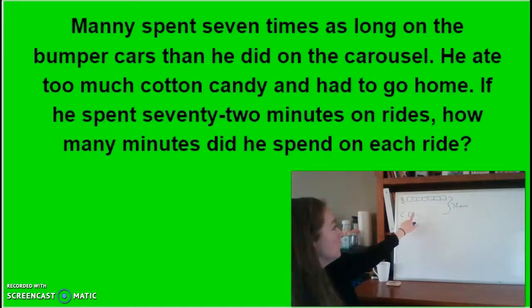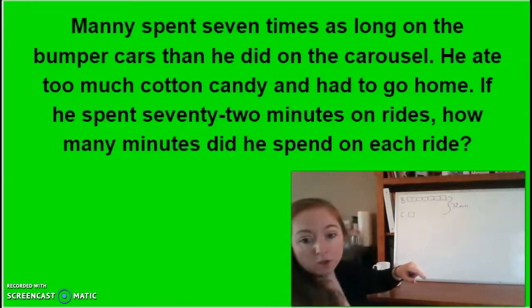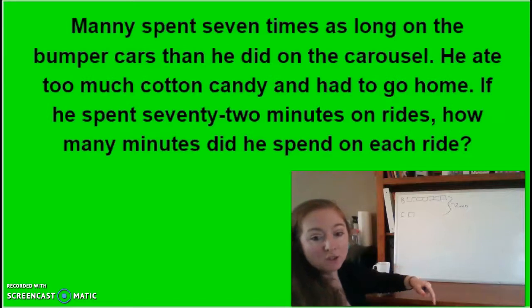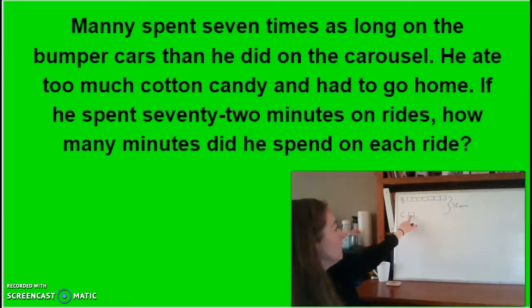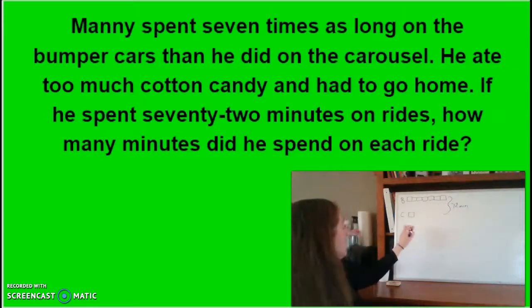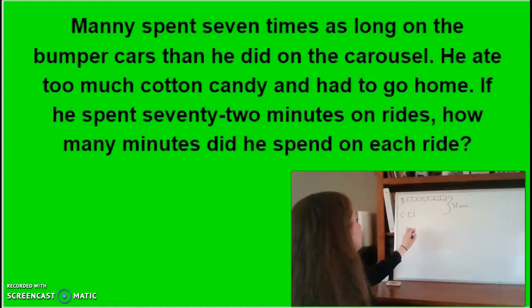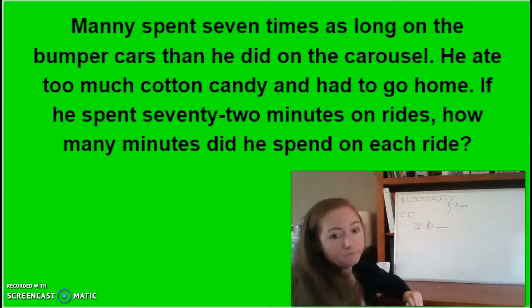So we need to find the number in each group. So we know that there are 1, 2, 3, 4, 5, 6, 7, 8. There are 8 groups. So I want to find out how many minutes are in each group. So I'm going to divide my total by the number of groups, which is 8. So it's going to be 72 divided by 8 equals some number.